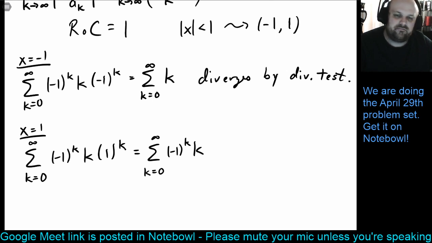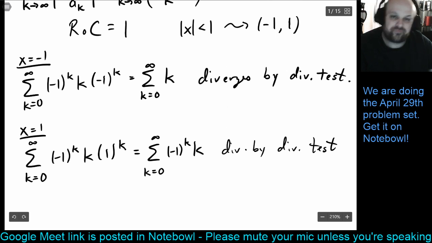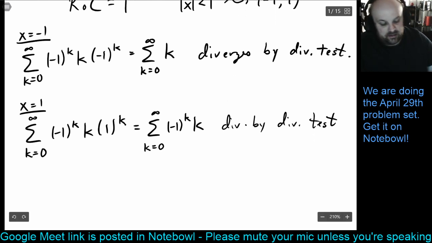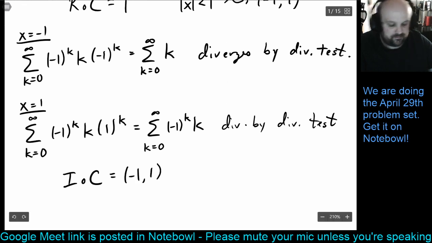It's probably not a surprise that that series is going to keep jumping back and forth over and over, and it's never going to settle on anything. But again, we can say that this diverges by the divergence test. So the interval of convergence, which I'll write as IOC here, just to save some time, is minus 1 to 1.